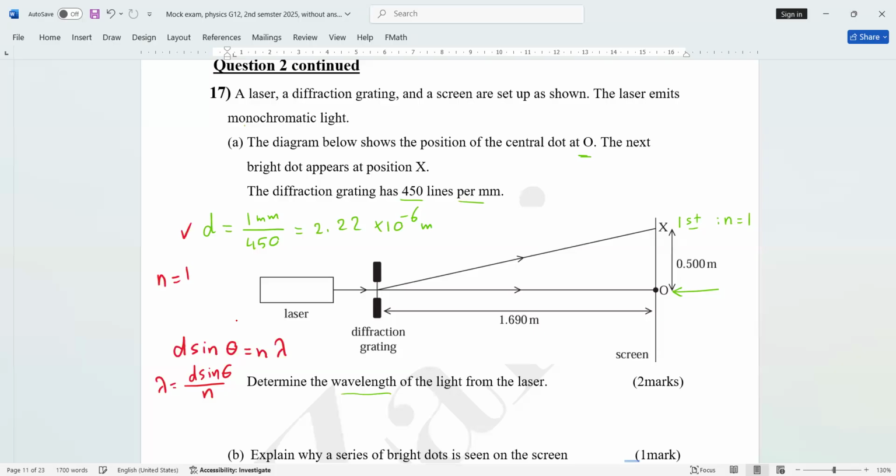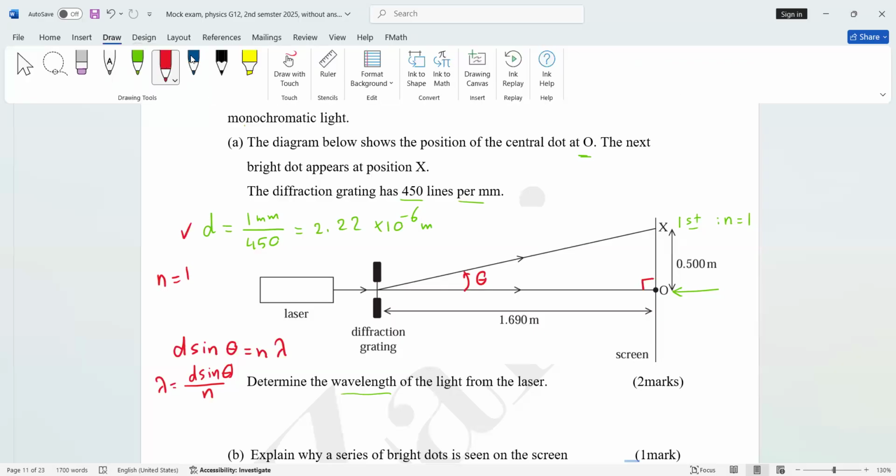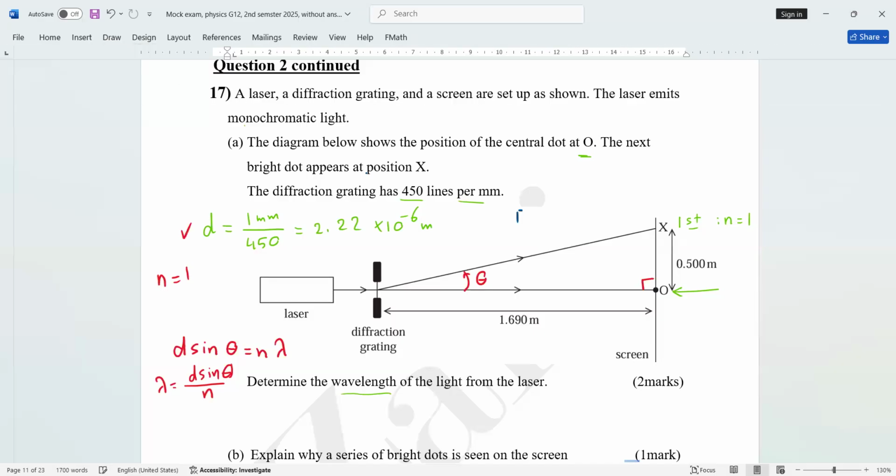Now we need to calculate theta. This is the angle theta, the angle of the first order. Here we have the opposite and the adjacent, so we can calculate tan theta from the triangle. Tan theta equals the opposite, 0.5 millimeter, over the adjacent, 1.690.